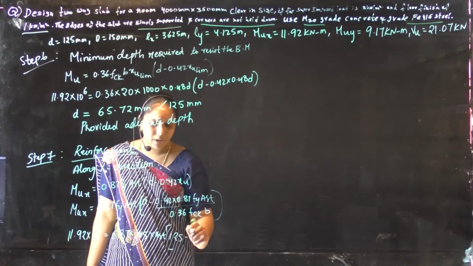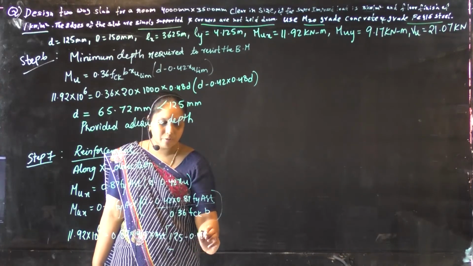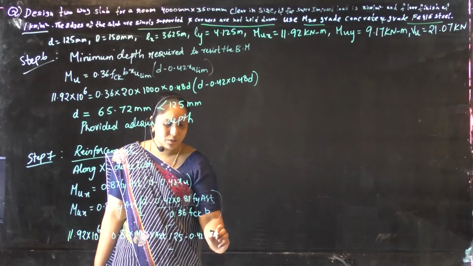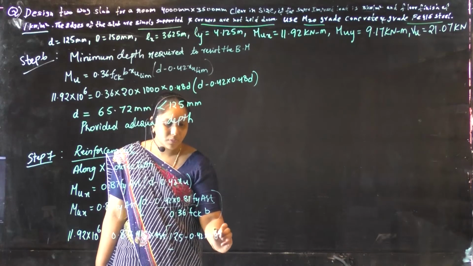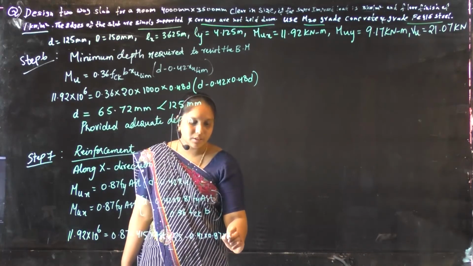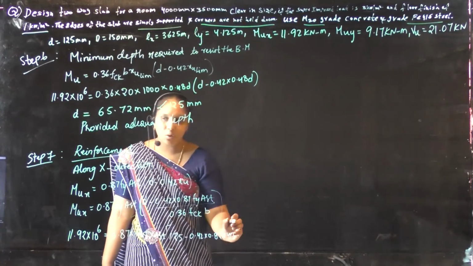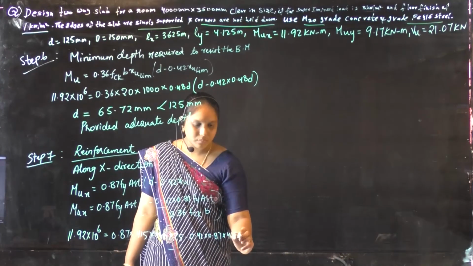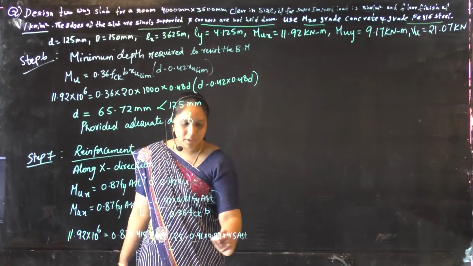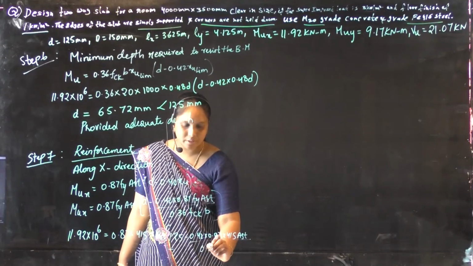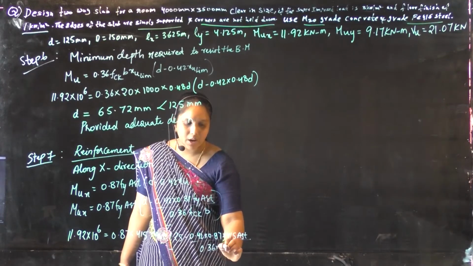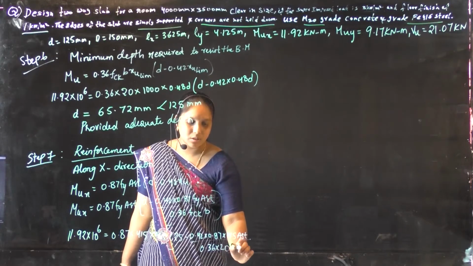So 125 minus 0.42 into 0.87 into Fy, 415, into AST divided by 0.36 into FCK, 20, and B here is 1000.